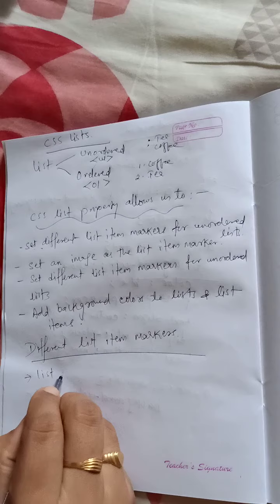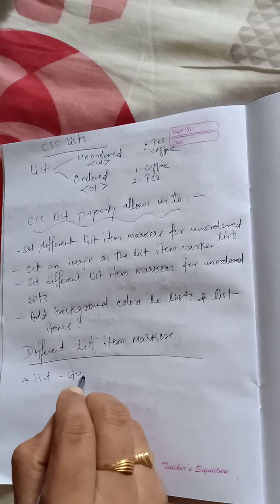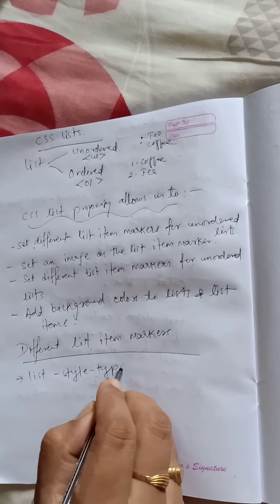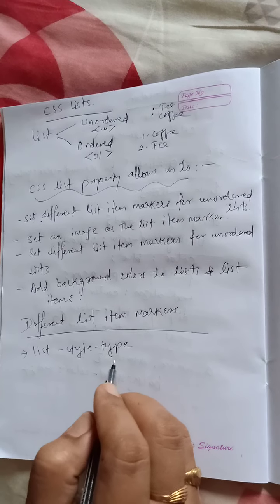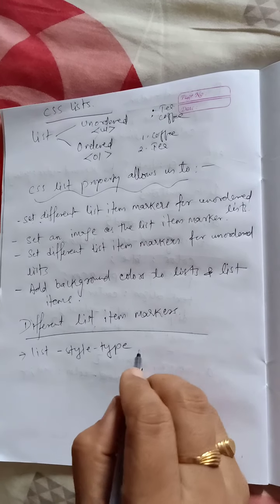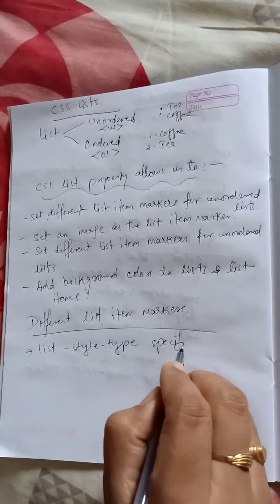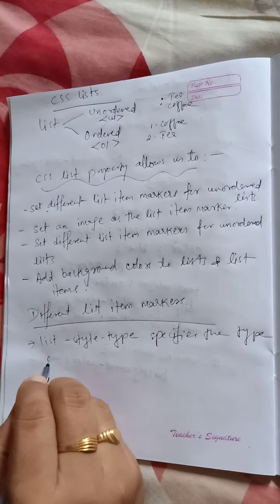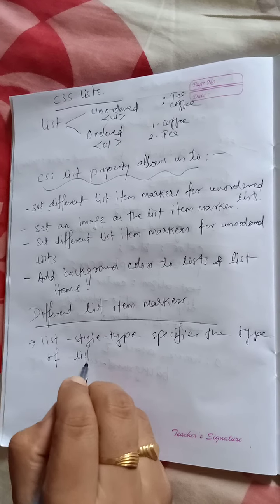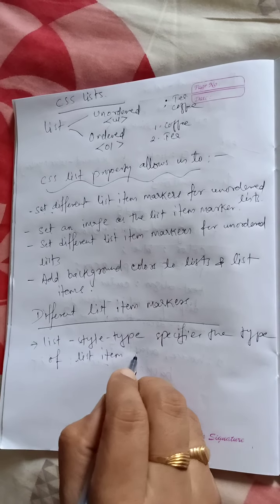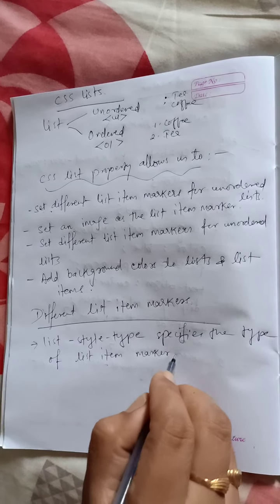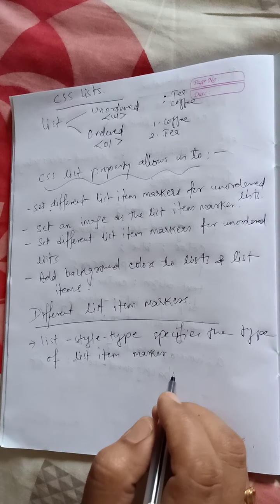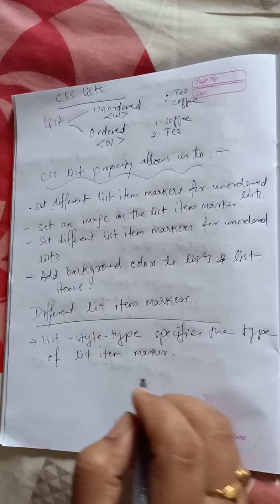The list-style-type is a property which specifies the type of list item marker. Okay, so let's go through an example.